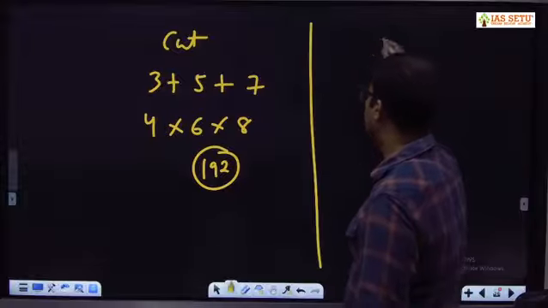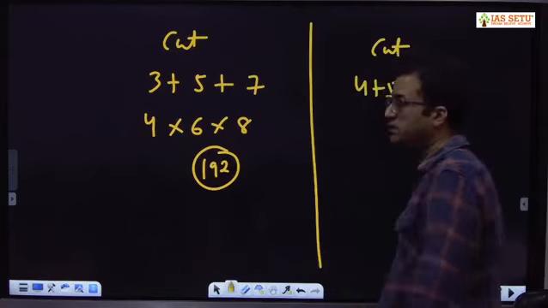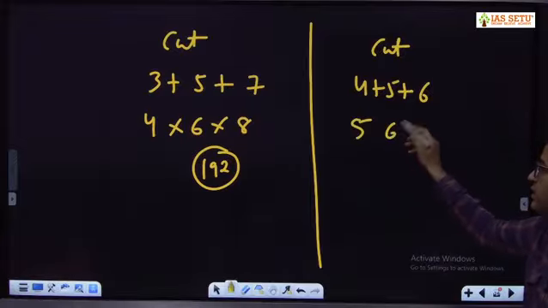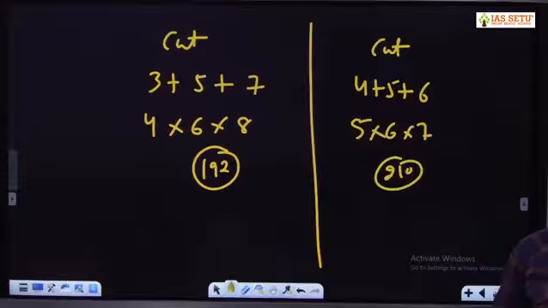One more question. 4 cut on X, 5 cut on Y, 6 cut on Z gives you how many pieces? Try this question. Four cut 5, 5 cut 6, 6 cut 7, 30 into 7, 210. So your answer is 210 pieces.